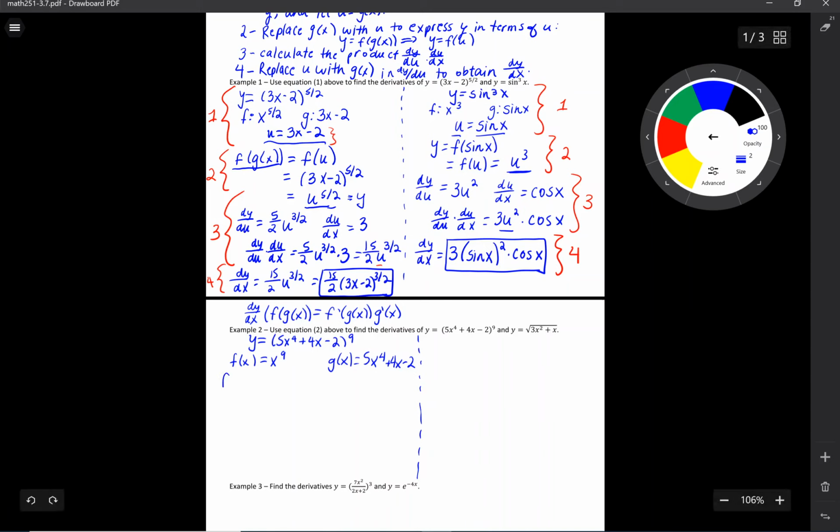So f prime of x, using the power rule, is 9x to the power of 8. And g prime of x is equal to, using the power rule, we get 5 times 4 is 20, lower the power by 1, plus 4.